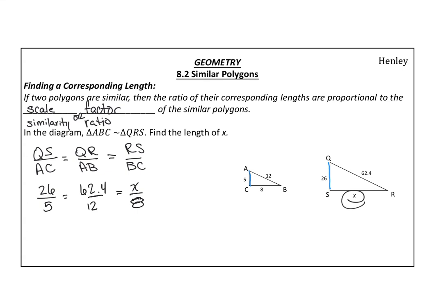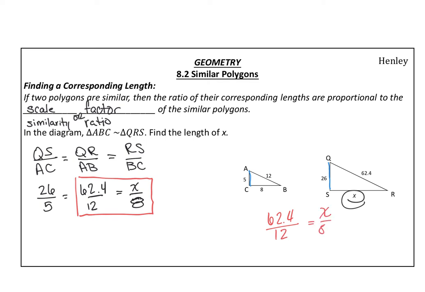Now, one of the things that we're going to do right here is look at this one as a proportion. So we'll come over here and use the proportion. We'll say 62.4 over 12 equals x over 8.